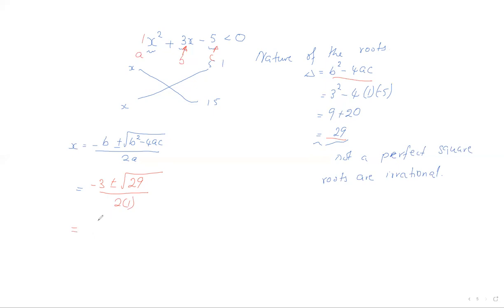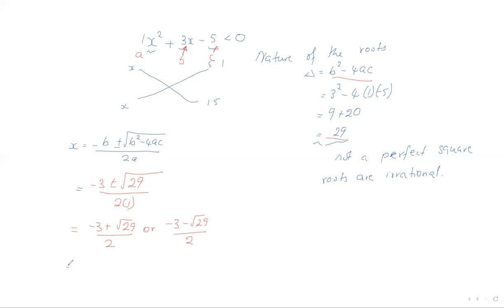Now, if you punch your calculator, you have -3 plus the root of 29 all over 2, or the other root will be -3 minus root 29 over 2. Now, if you punch your calculator, you will have 4.2 and 1.2.